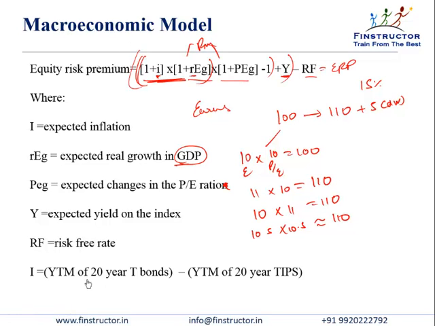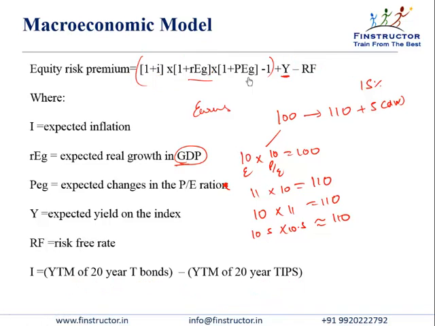Inflation in the macroeconomic model is the yield on 20-year treasury bonds minus the yield on 20-year TIPS. TIPS are inflation protected bonds. So the yield here will be the real yield and the yield on the treasury bond will be the nominal yield. The nominal minus the real is nothing but inflation.